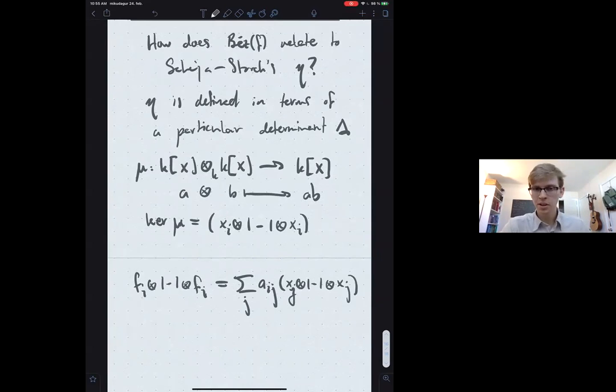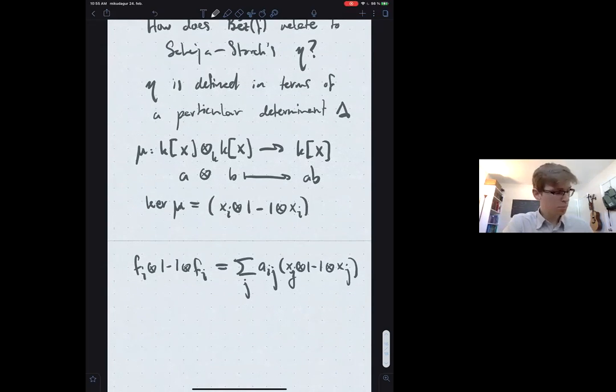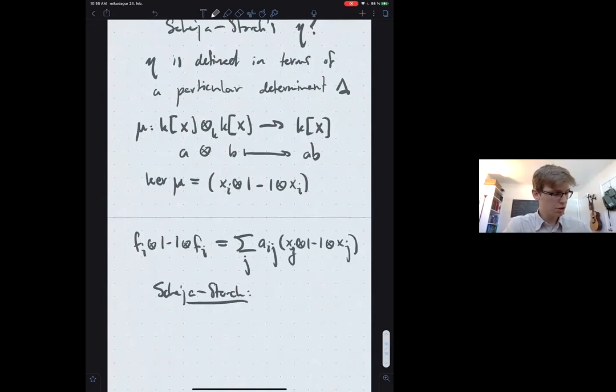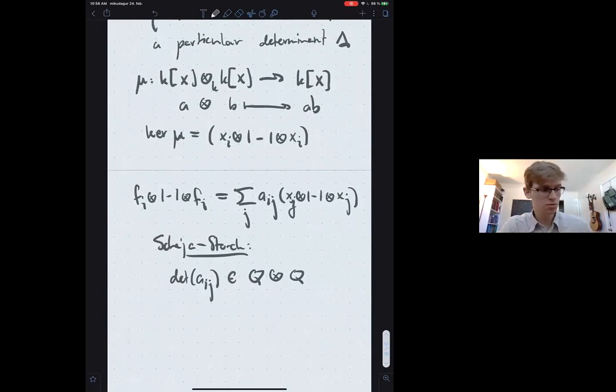Okay. And so what Scheja and Storch prove is that the image of the determinant in the quotient, let's just say in Q tensor Q, does not depend on your choices of the a_ij's.